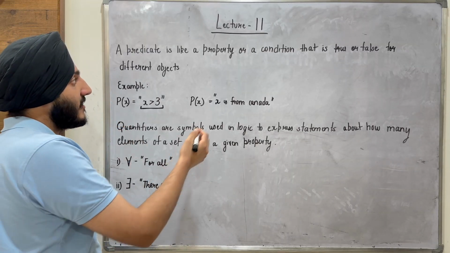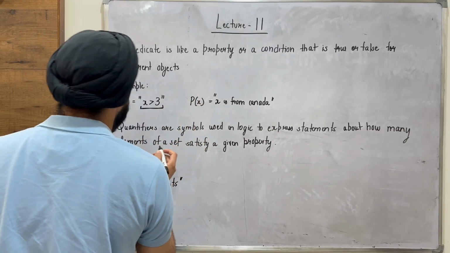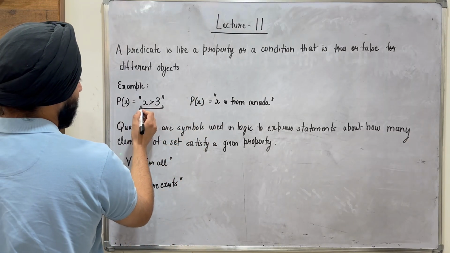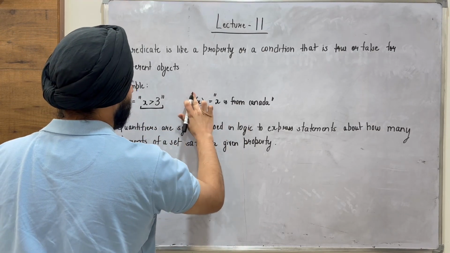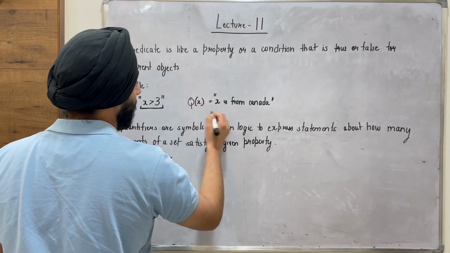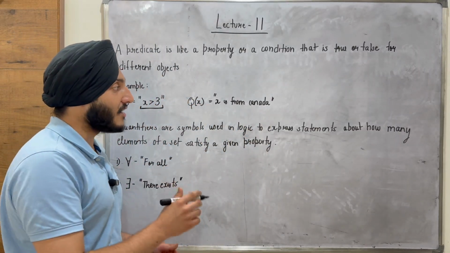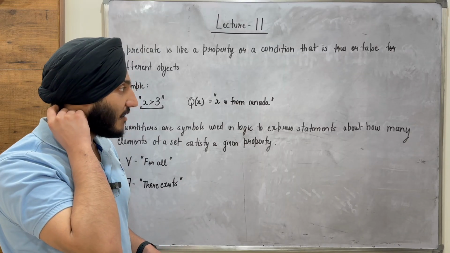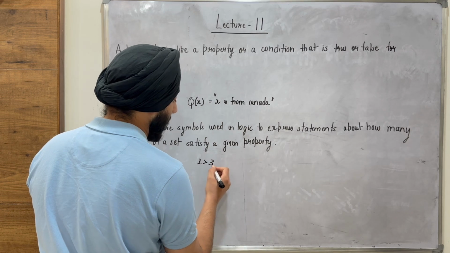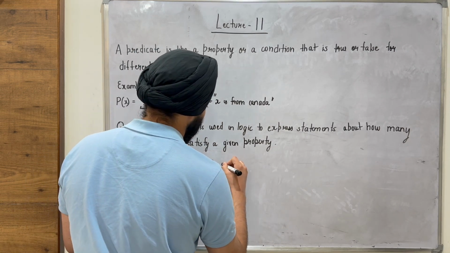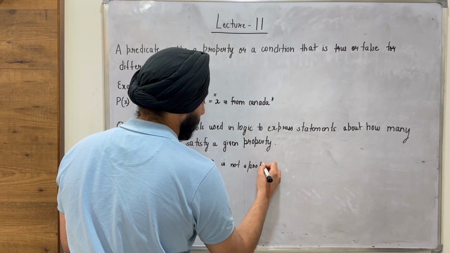A predicate is like a property or a condition that is true or false for different objects. We're given an example: p of x is equal to x is greater than 3, right? Or q of x is x is from Canada. Let's try to understand it, right? If you remember, in the last lecture I covered an example, just like this one, that is not a proposition, right?